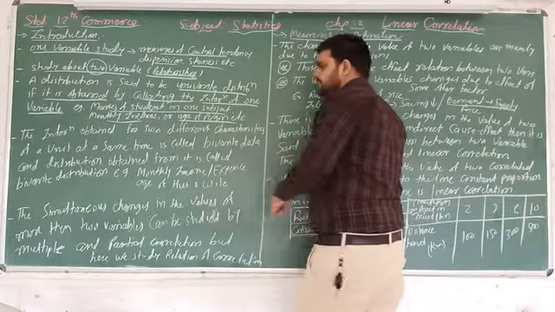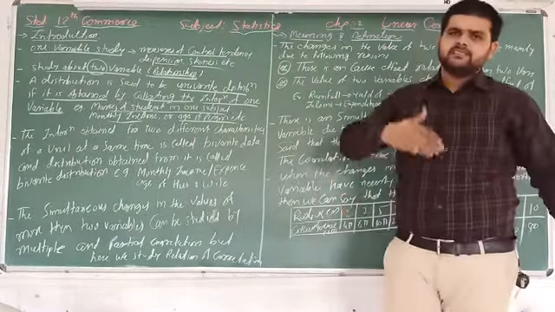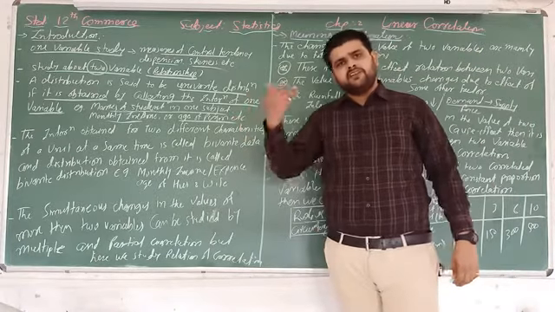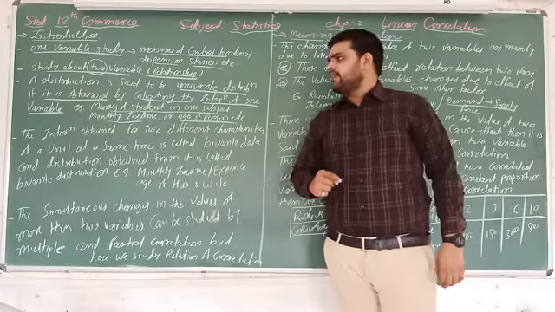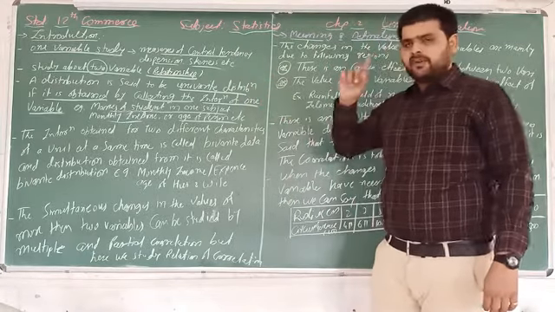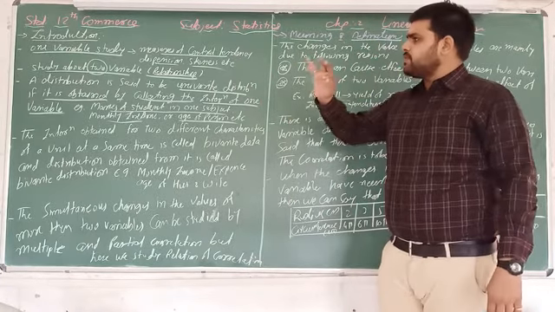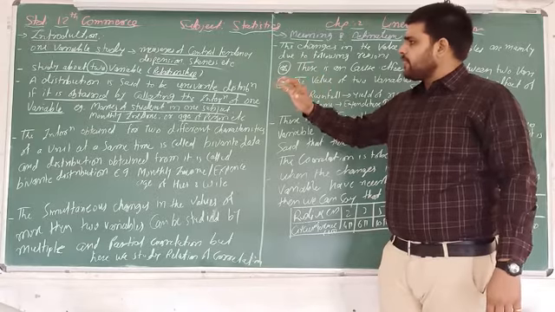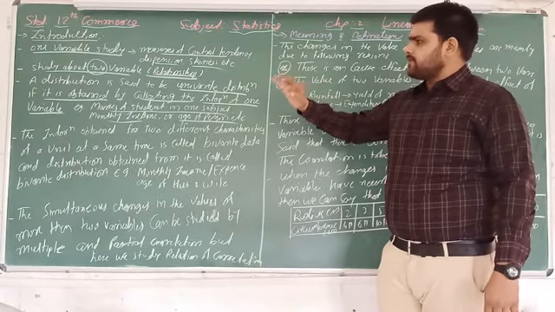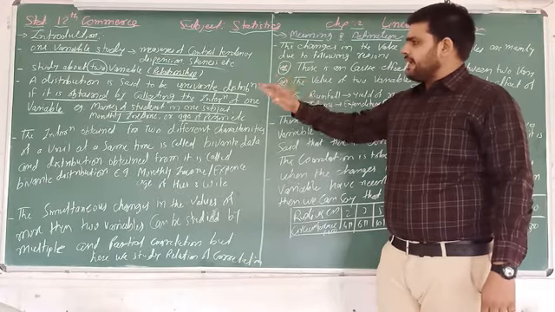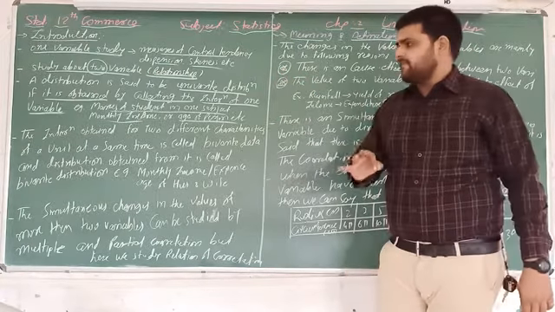Age of any person: 20 years, 30 years, 40 years, 50 years, 45 years, whatever it is. So this is called one variable. So what do you mean by one variable? A distribution is said to be a univariate distribution if it is obtained by collecting the information of one variable.